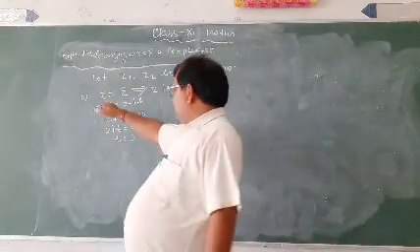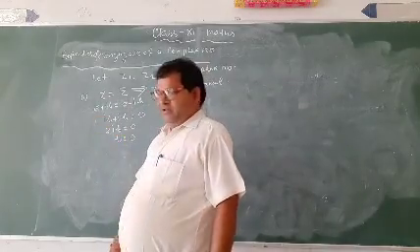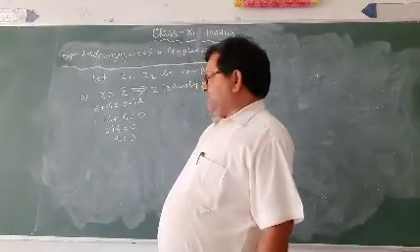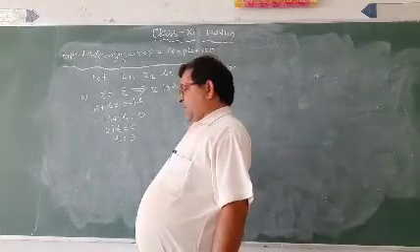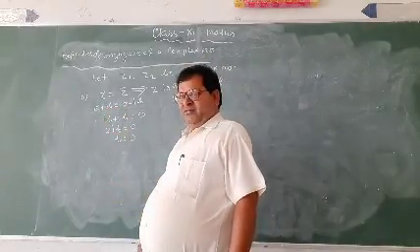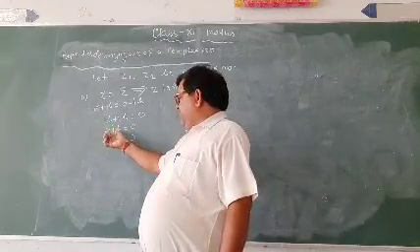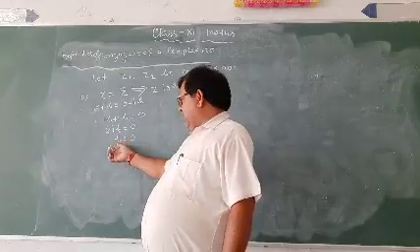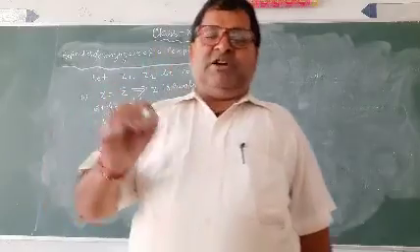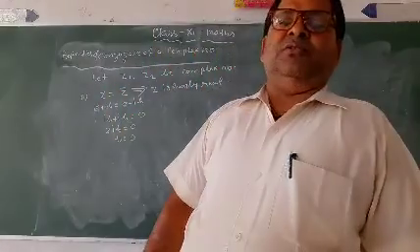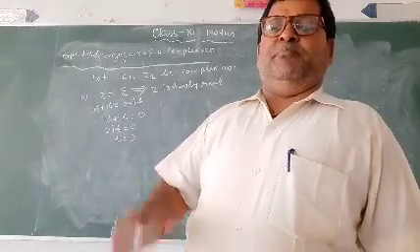Now z equal to z bar, a plus ib equal to a minus ib. The real part of both sides cancels. Now find the imaginary part: 2ib equal to 0 and b equal to 0.